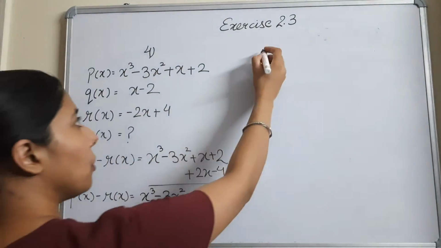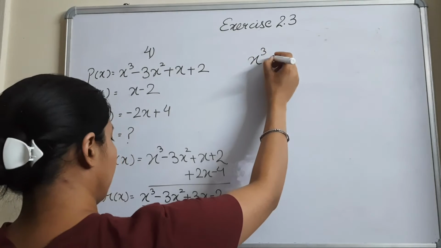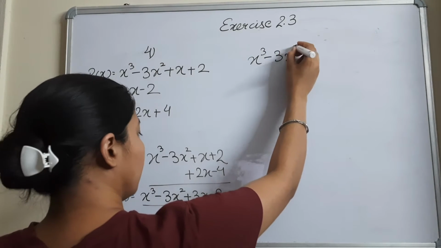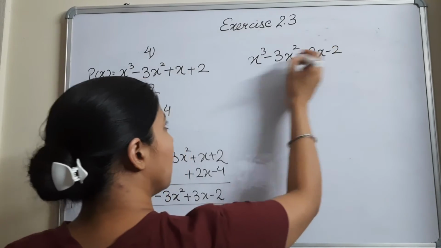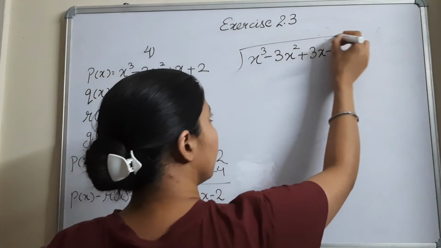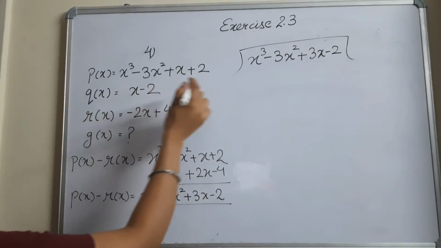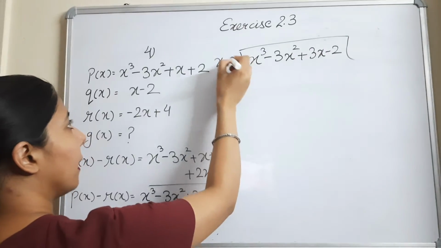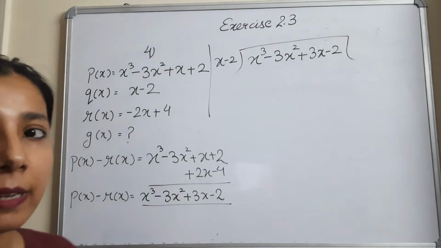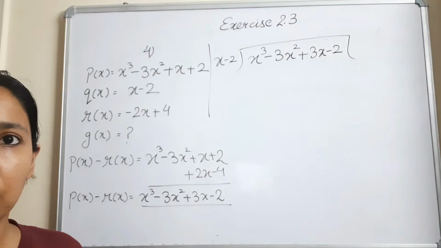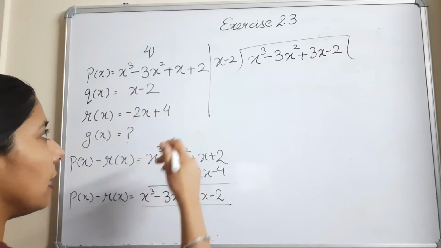Write it as x cube minus 3x square plus 3x minus 2, divided by qx. What is qx? It is x minus 2. So do this division. I am doing it on this board, but you can try the division on your own in your notebooks also. So let's see.